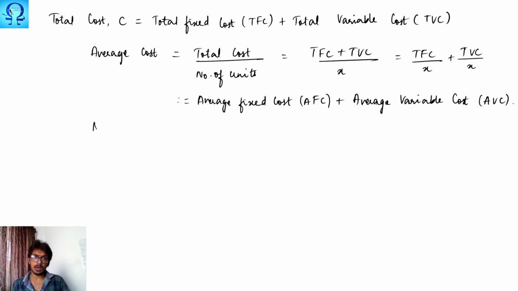And the marginal cost is also the rate of change happening in cost whenever there is a change in the number of units, and this shall be written as dC upon dX. Generally, marginal cost is abbreviated as MC and marginal revenue is abbreviated as MR.